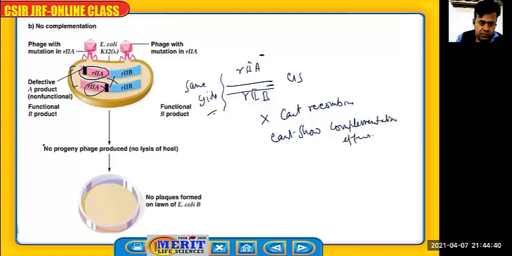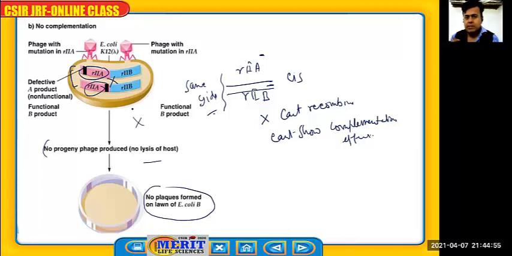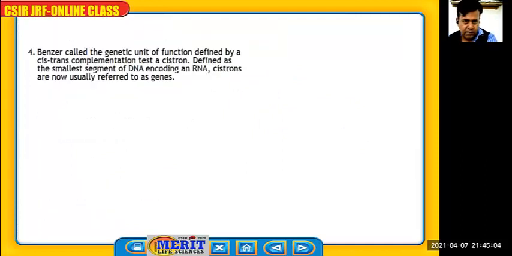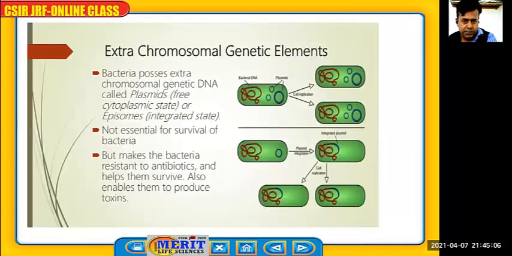So in the form of progeny, no plaque is going to form because they cannot complement each other. Whatever the lacuna was there, it remains there.